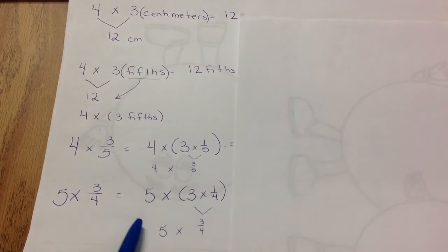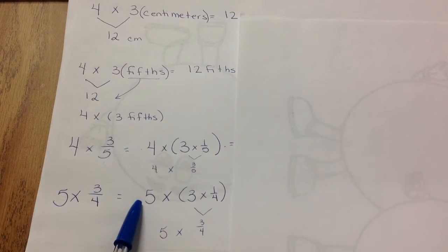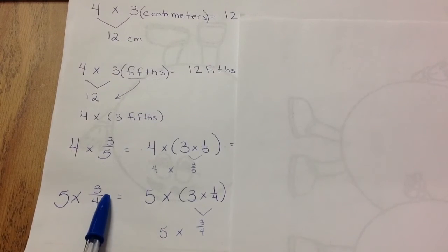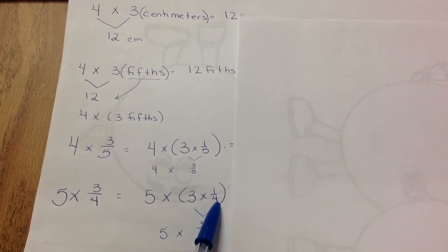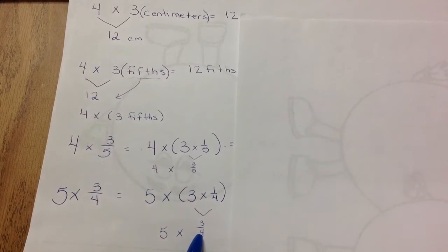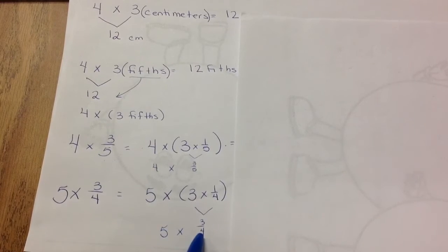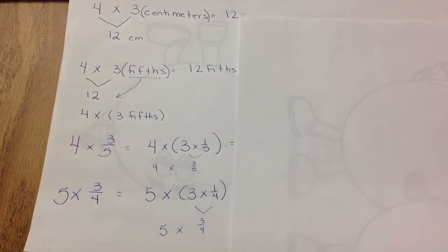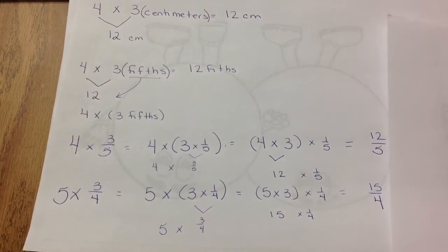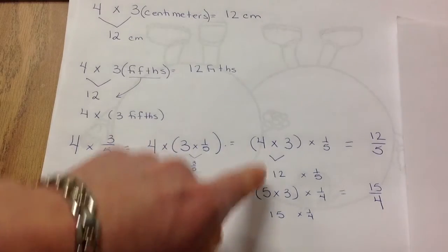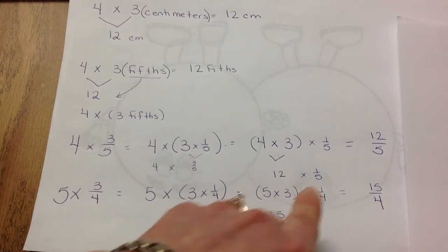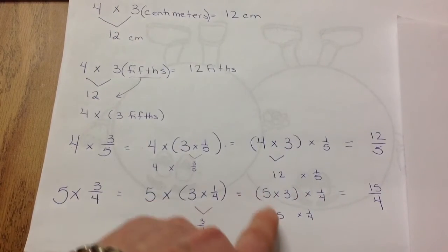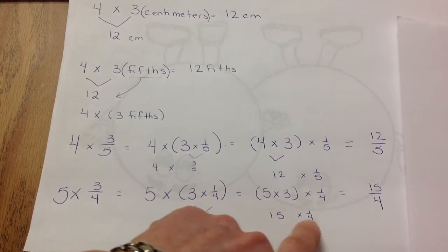The first way you should have done it is you should have brought your 5 over and taken your 3/4 and broken it into 3 wholes times 1/4, because that's the same as saying 3/4. 5 times 3/4, I already have that here. The other way you should have done it is this way. I kept my 5. I switched my parentheses, so I was bracketing 5 times 3, which gave me 15, times 1/4.